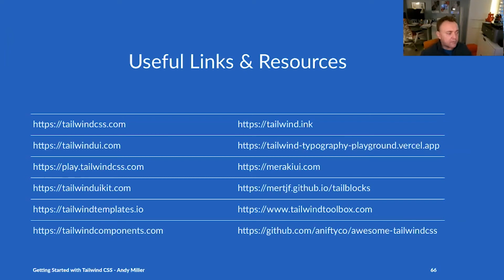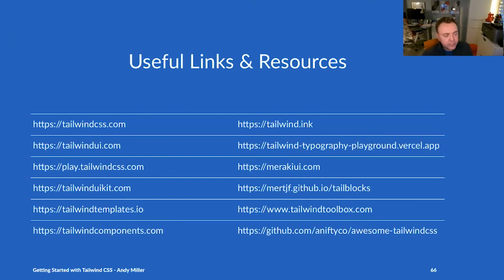Play.tailwindcss.com is like a live sandbox for fiddling around with Tailwind CSS. That's actually pretty new and it's quite neat. And then there are a bunch of other companies that have their own UI kits, templates and components, which are pretty cool. There are other tools that I've linked to here as well. For example, there's a typography playground where you can play with different Google fonts with the Tailwind typography plugin.